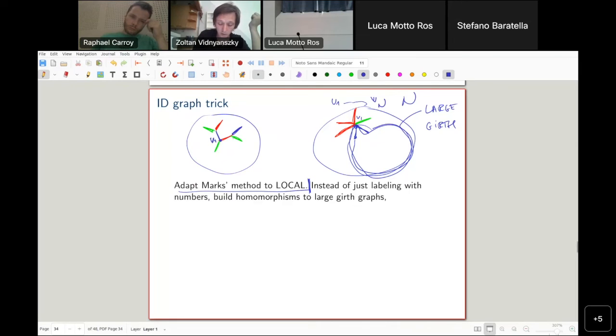So here is V1. What can be the image of this point? Well, V1 has some neighbors, say V31, V23, whatever. But we have to map this guy to one of its red neighbors. Okay, so this is the point. And if you think about that, you cannot come back.